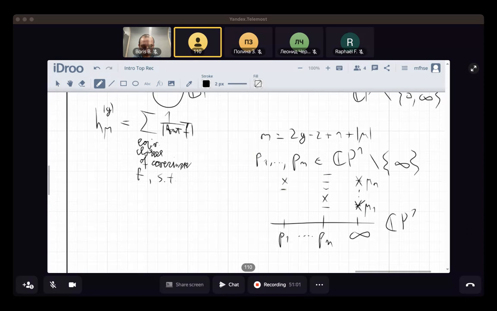The pi's are points of simple ramification, and there are no other ramifications.